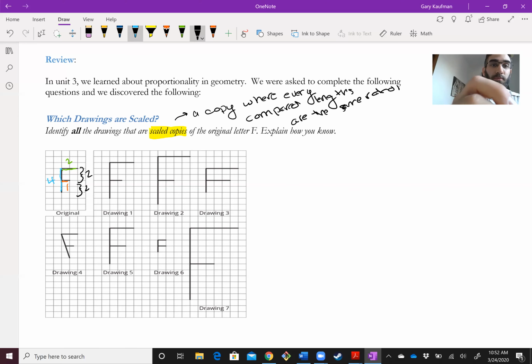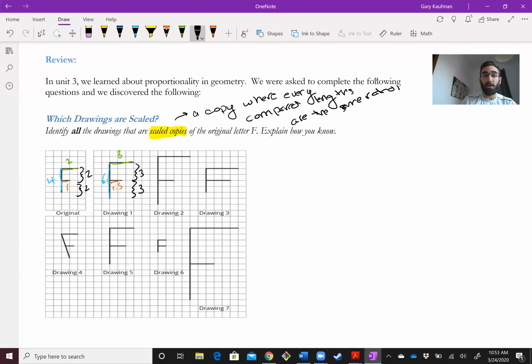And so all of a sudden we're like, okay, well, this one was 6. This right here was 3. This right here was 1.5. And these measurements were 3 as well.